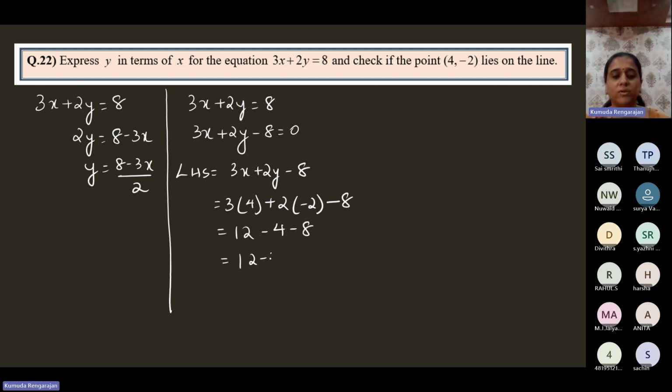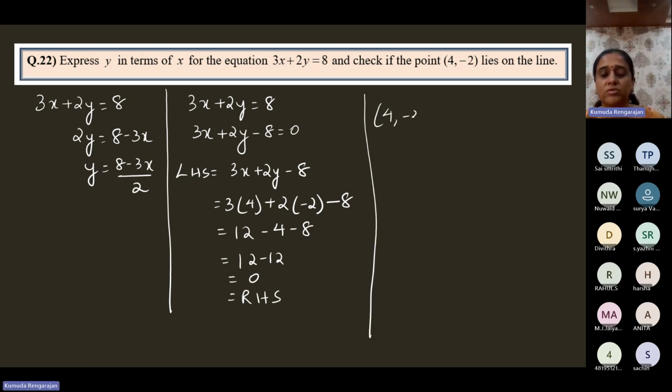So 12 minus 12, 0, which is the RHS. The RHS is 0. So we've got 0, which is the RHS.